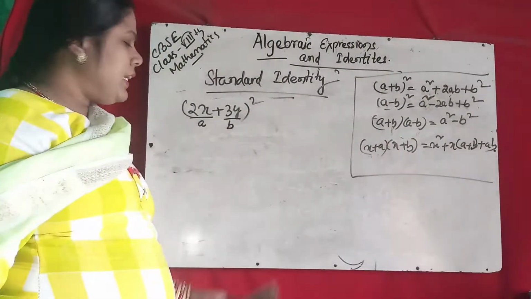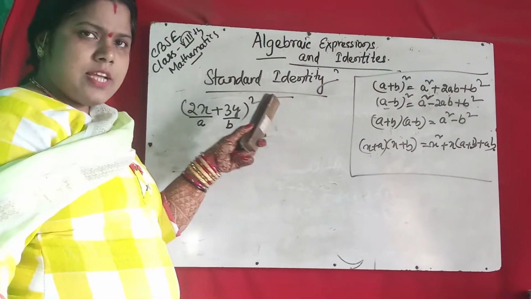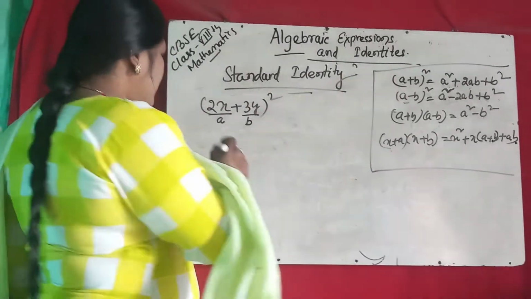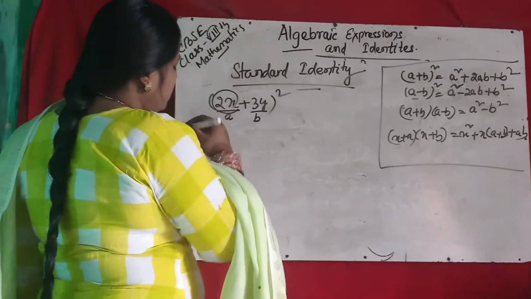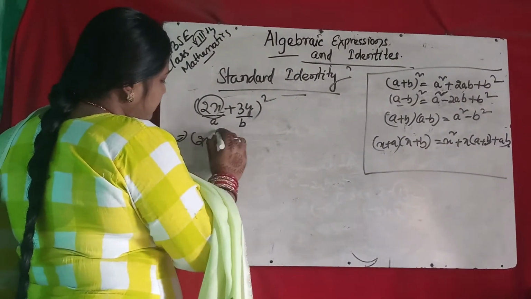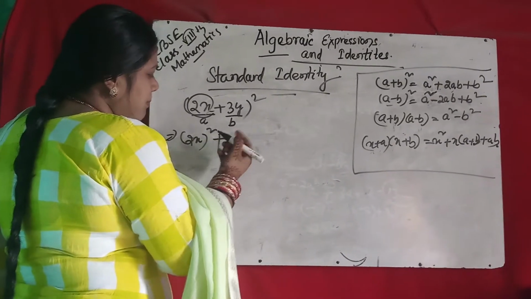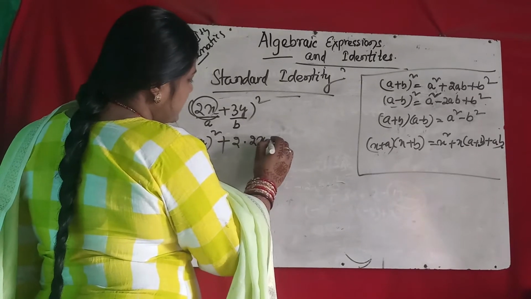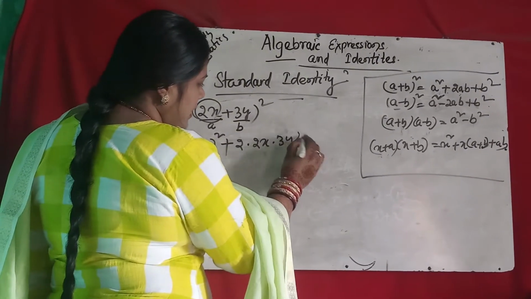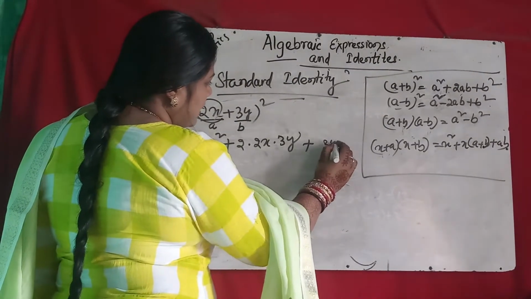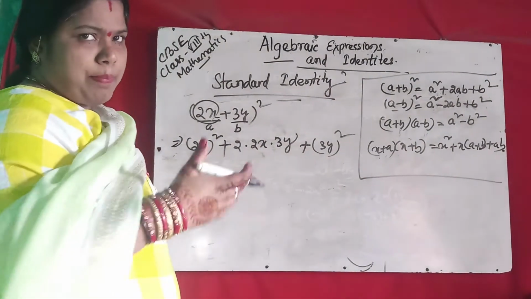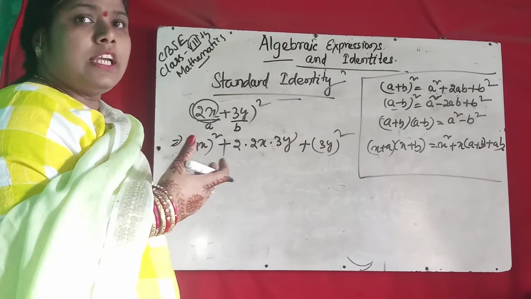So the formula here is (a plus b) whole square: a square plus b square plus 2ab. Then a square means here completely 2x, so (2x) square, plus 2ab, which means 2 into a, 2x, into b, 3y, plus b square, (3y) square. Applying identity like this.